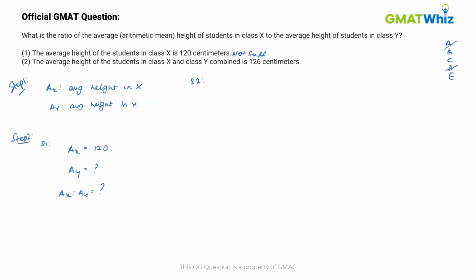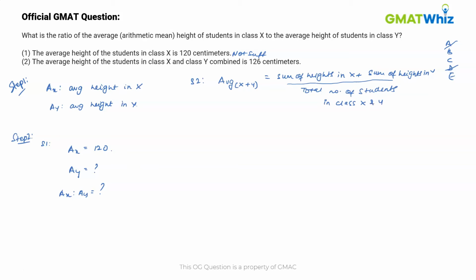This means that the average height of X plus Y is equal to the sum of heights in class X plus the sum of heights in class Y. This whole thing is divided by the total number of students in class X and Y.